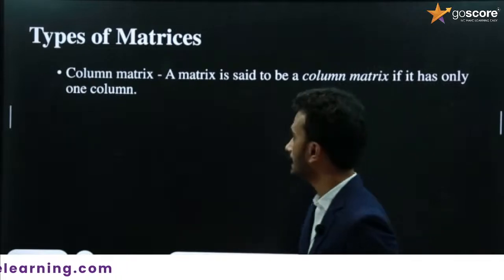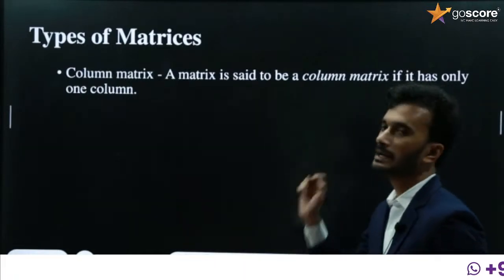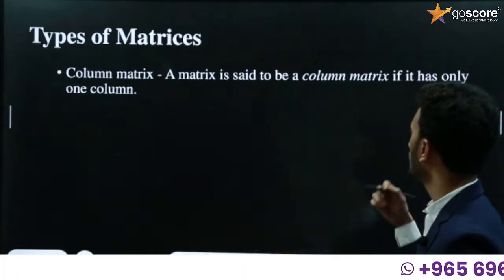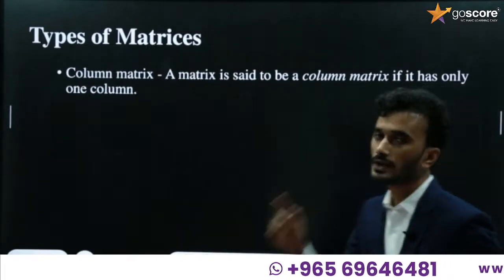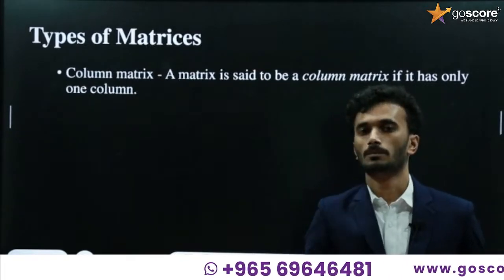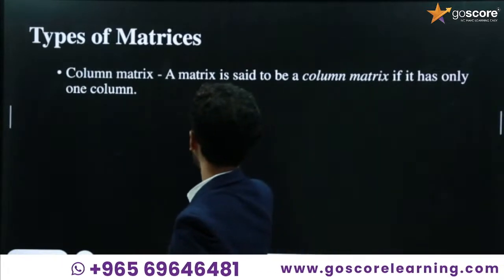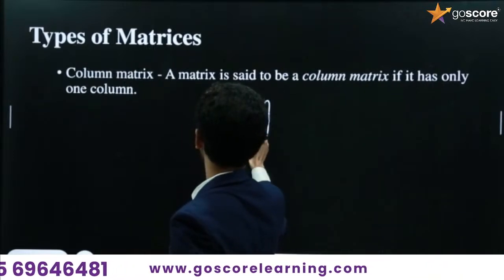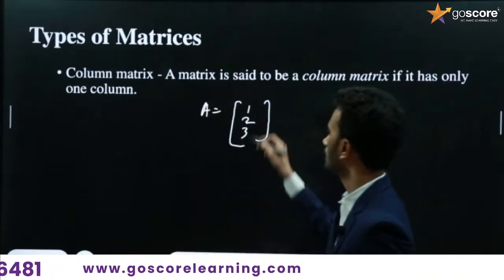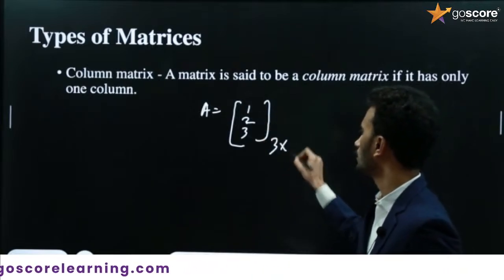So first we will discuss the column matrix. What do you mean by a column matrix? A matrix is said to be a column matrix if it has only one column. How can you represent a one column matrix? A is equal to 1, 2, 3. So this is a column matrix. How many rows? 1, 2, 3, three rows, but one column.